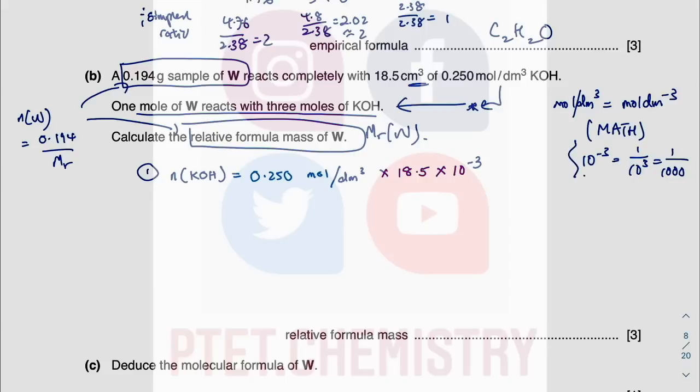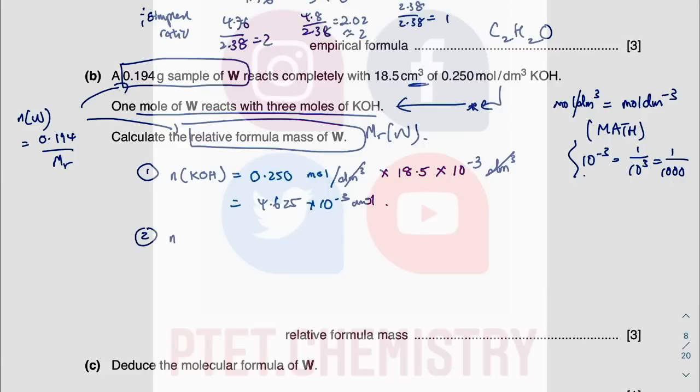So that will be in dm cube. Concentration in mole per dm cube times volume in dm cube gives you mole, so the unit makes sense. 0.250 times 18.5 divided by 1000 is 4.625 times 10 to the power minus 3 mole.